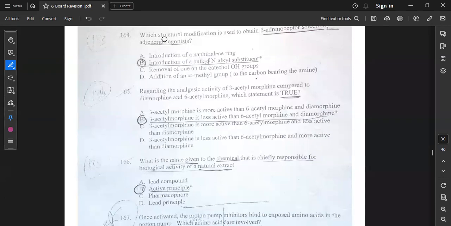What is the name given to the chemical that is chiefly responsible for biological activity of a natural extract? So we have a lead compound, a pharmacophore, active principle, and a lead principle. So we can get definitions of all this. What's a lead compound?